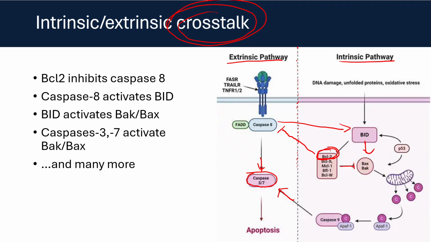Hell, even the executioner caspases are able to directly activate BAX and BAK as well, which accelerates the process even faster once it's begun. And there's plenty more instances featuring these pathways and others, but I think you get the point here.